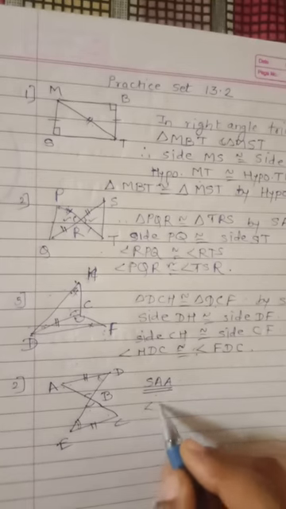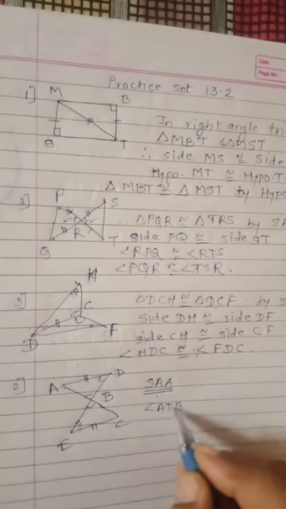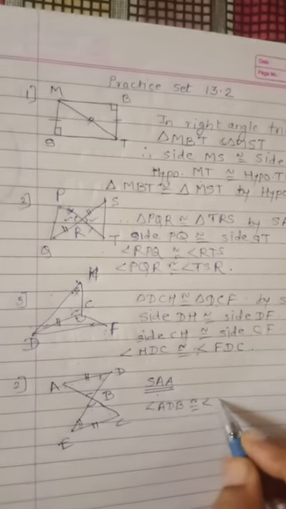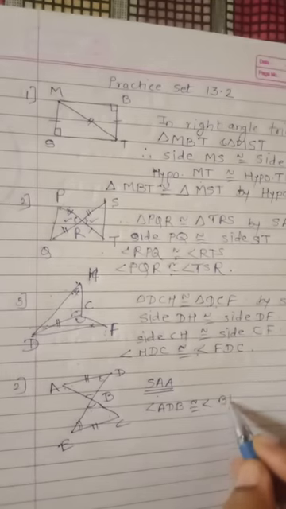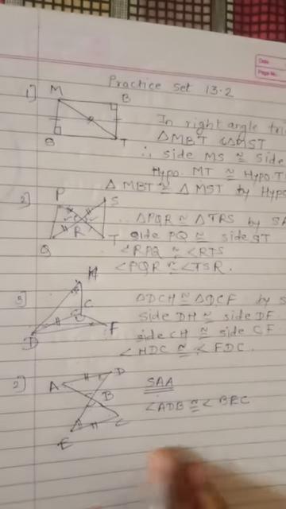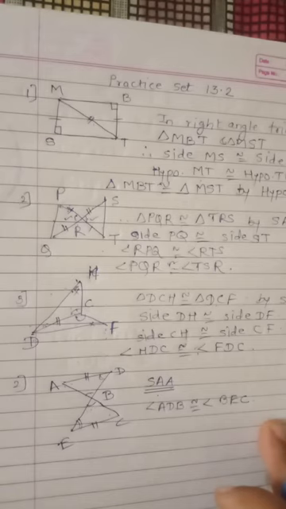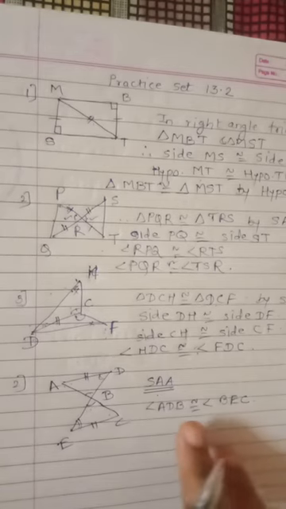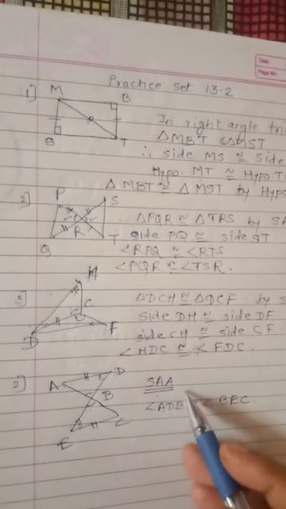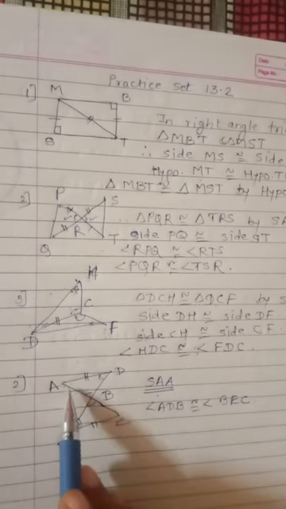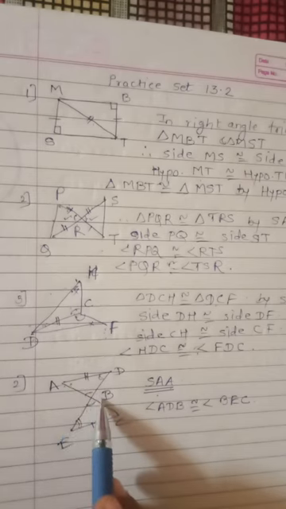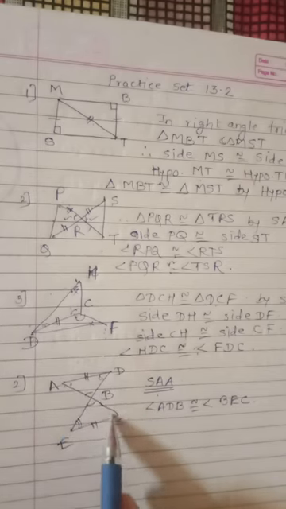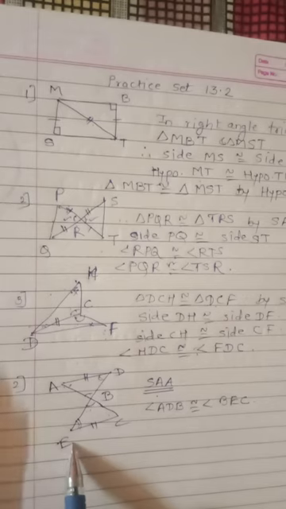Which angle? Angle ADB is congruent to angle BEC. This information should be given for SAA test. Or this angle DAB is congruent to angle BCE. This information must be given.